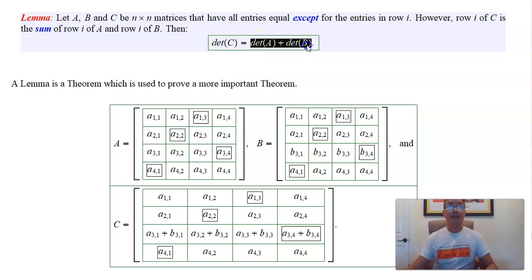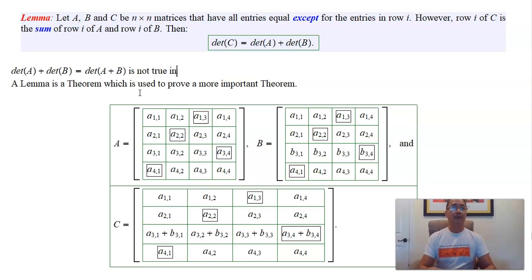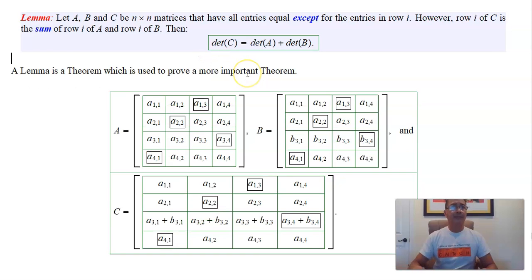So let me warn you that in general, the determinant of A plus B is not the determinant of A plus the determinant of B. Sometimes it's true, but in general, it's not true. Okay? So that is the correct right side of this lemma.